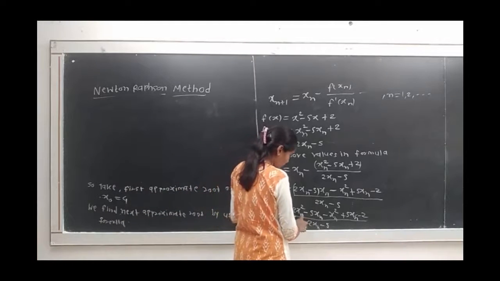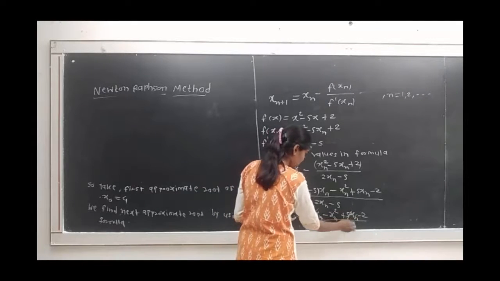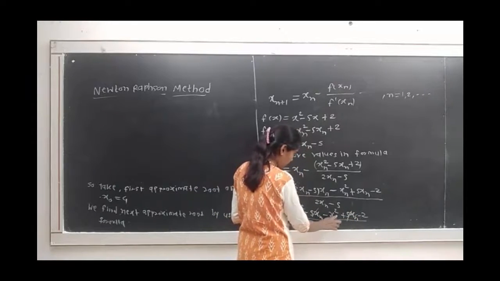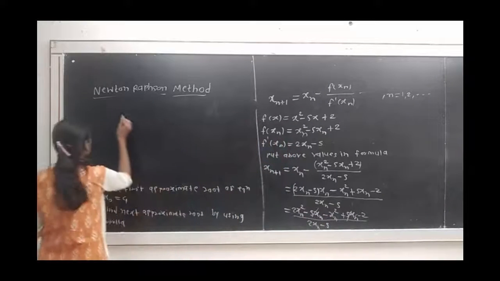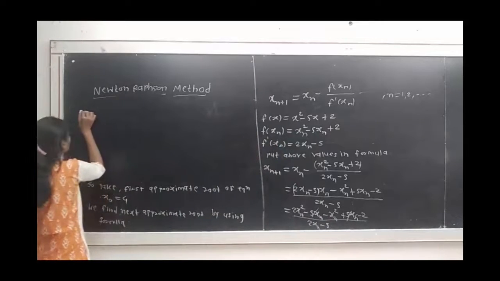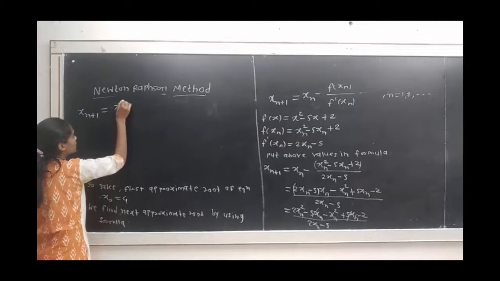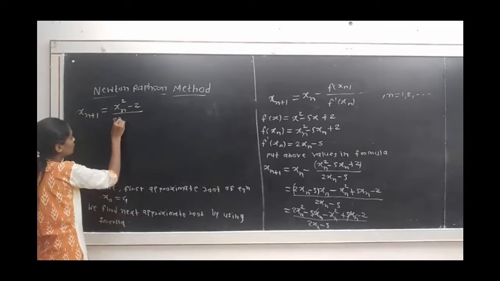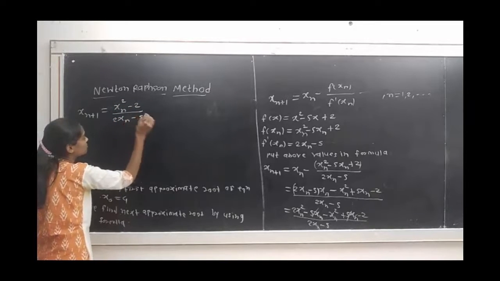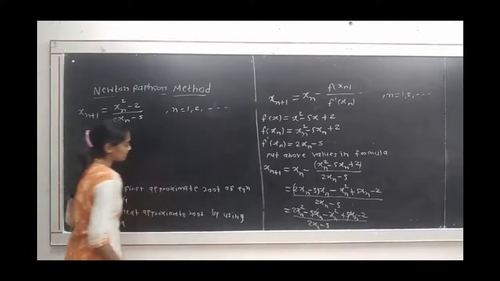Here minus 5xn and plus 5xn get cancelled, and 2xn square minus xn square is xn square. We get xn plus 1 is equal to xn square minus 2 divided by 2xn minus 5, for n is equal to 1 up to and so on.